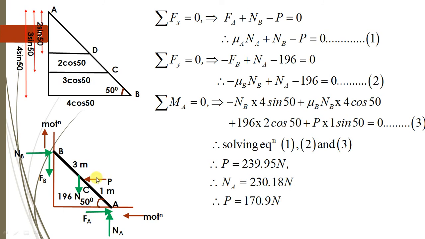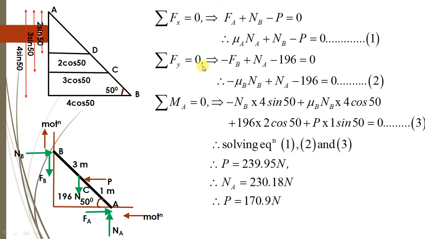So the equation of equilibrium in the x direction: FA minus P plus NB is equal to 0. That is FA plus NB minus P equal to 0, with FA equal to mu A into NA. So mu A NA plus NB minus P is equal to 0. Let's say this is my equation number 1.